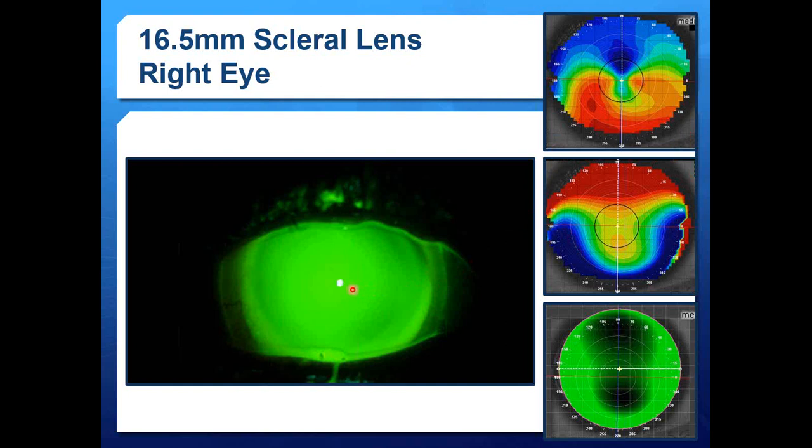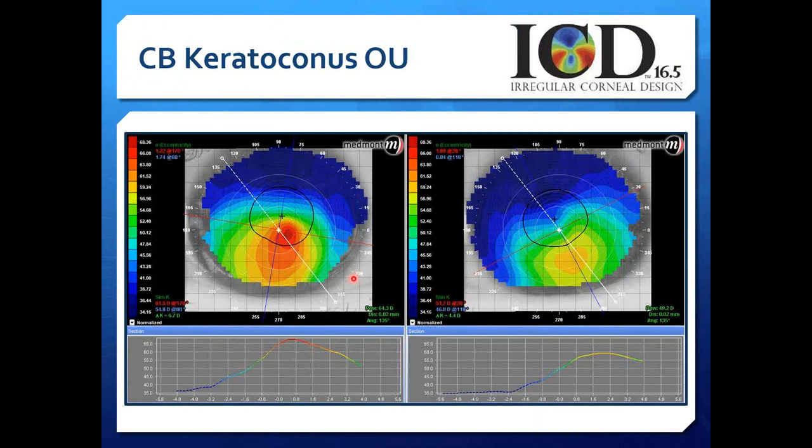And you see that in the fluorescein pattern, where we've got this wild amount of fluid between lens and cornea. We don't care how much asymmetry exists underneath there, because we're going to land on where the surface of the eye is more symmetrical on the sclera and just vault over top of what's in the center.